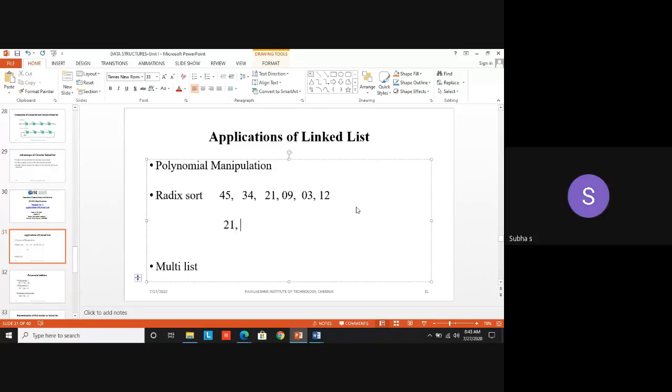Next, 12. Good. 03, 34, 45, then 09. For our understanding, we are putting the prefix 0, or else we'll get confused whether it's in ones position or tens position. But this is not the result, not yet sorted.